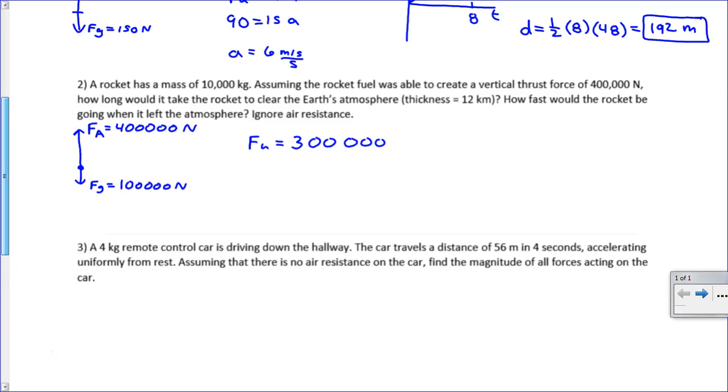So 300,000 equals 10,000, the mass, times the acceleration. Divide both sides by 10,000, and you get acceleration equals 30 meters per second squared.